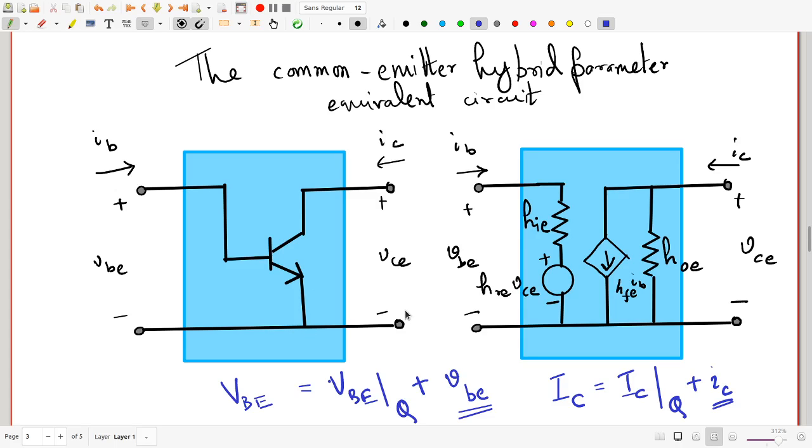Just to point out, you could have used common base or common collector h parameters to analyze the circuit just as correctly, though not as easily. If you had used the common base circuit, you would connect it differently; you would connect the base between these points. After all, the transistor is the same no matter whether it's in the CE, CB or CC mode.